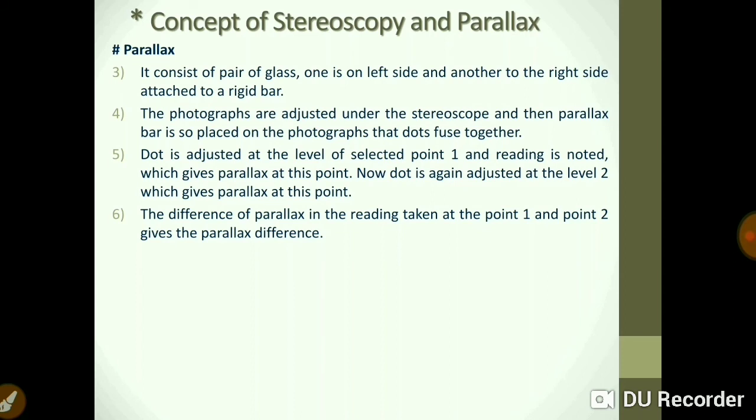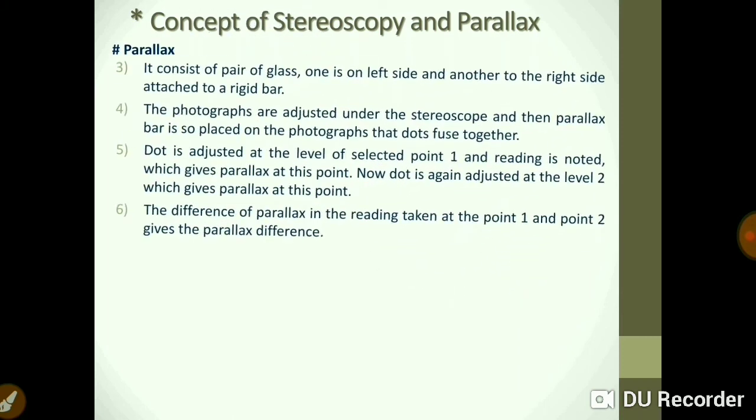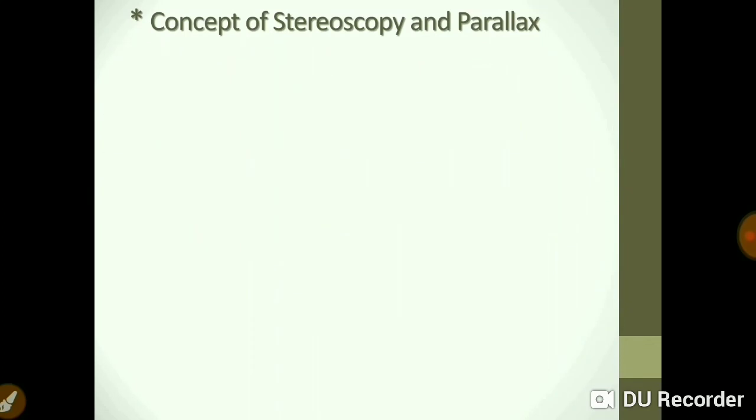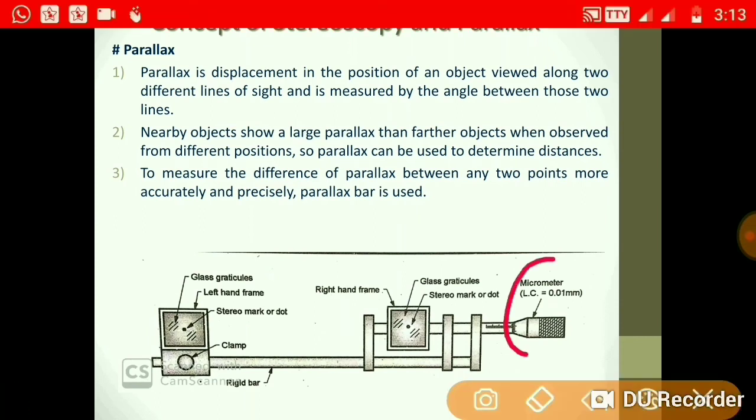Just understand the basics. For example, we are finding out the height of a building. At the bottom, consider point 1, and the dot will be at the bottom of that building. The reading is noted, which gives the parallax at this point. The readings are noted by this micrometer, and in the micrometer we can find the reading at any one position.